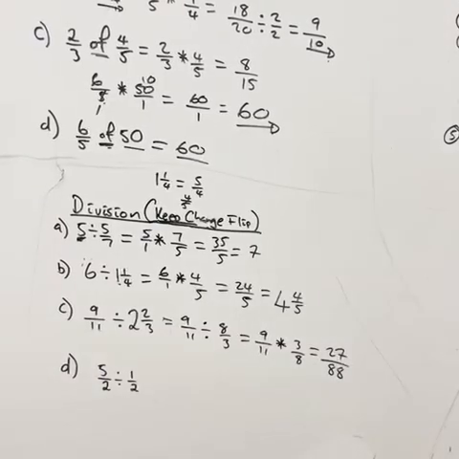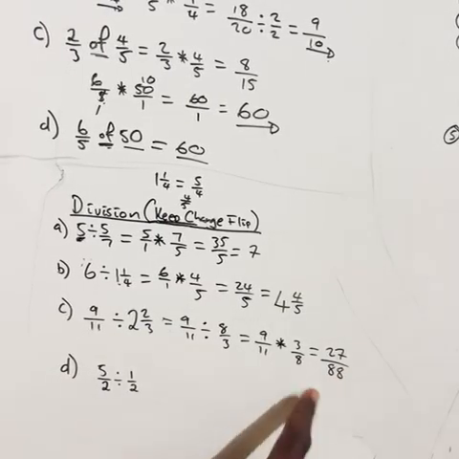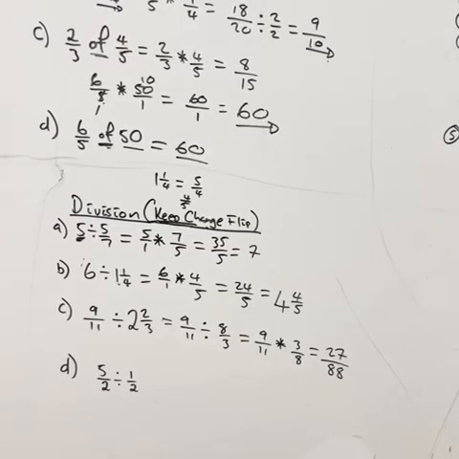Do I have a number that I can use for 27 and 88? If I use 3, it's 9. But if I use 3 here, 3 is 6, but into 28, I don't have. So I can't use that. I can't use 2, because 2 works with 88, but it doesn't work with 27. I can't use 4. 4 works with 88, but doesn't work with 27. 5 doesn't work for both numbers. 6 doesn't work for both numbers.